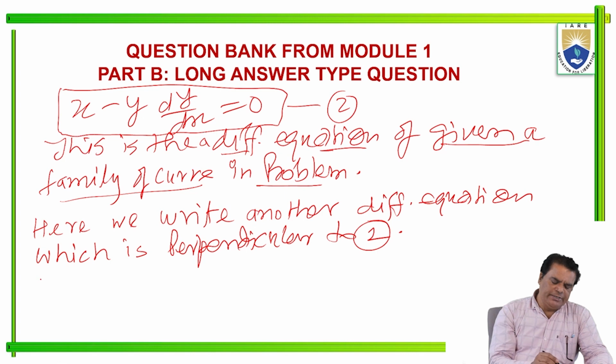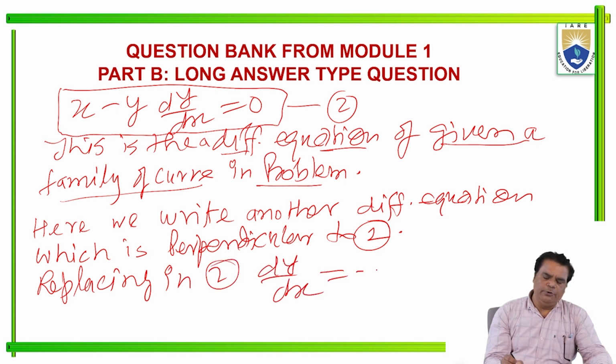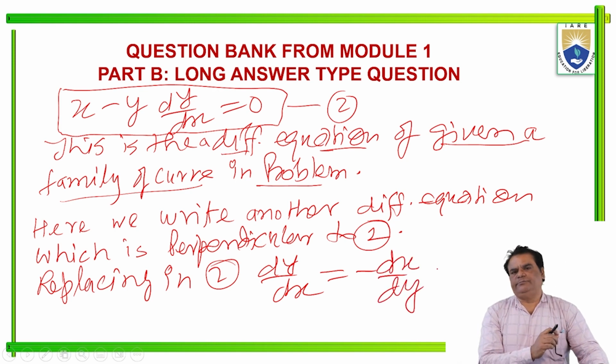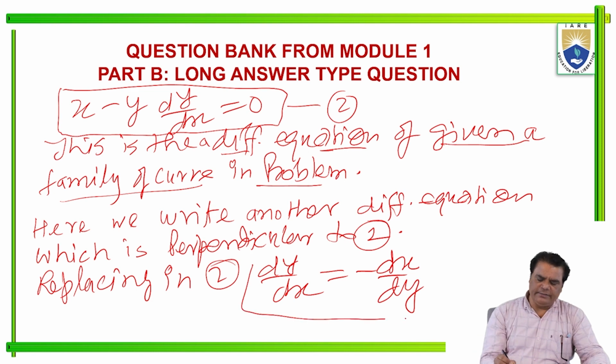So now replacing in equation 2, dy dx equal to minus dx upon dy.